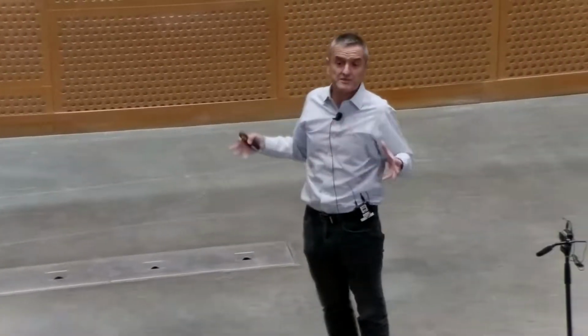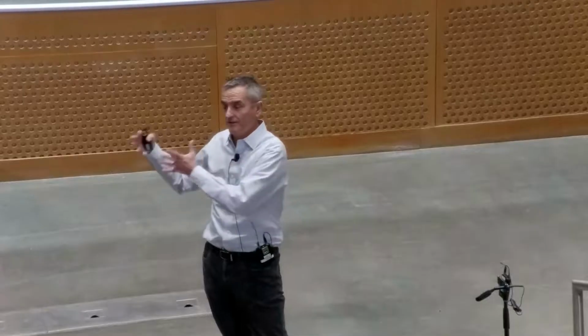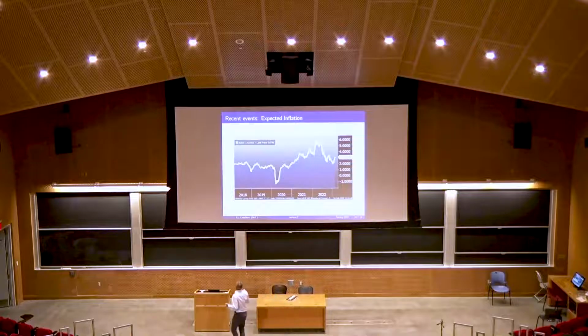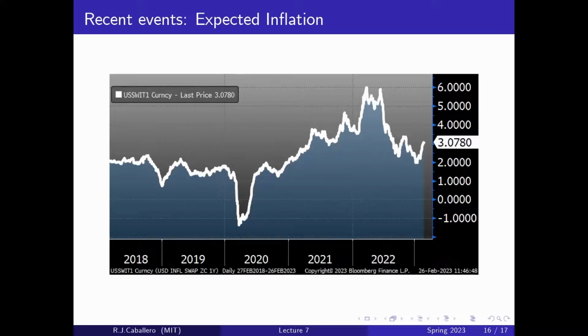But there is one speech that everyone looks at, which is the speech of the chair of the US central bank, the Fed. That conference happened around here. And they were very worried because expected inflation was just exploding. I mean, 6% or so. Those are unheard-of numbers for the US since the 80s.